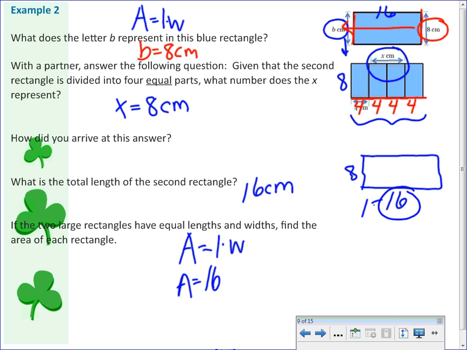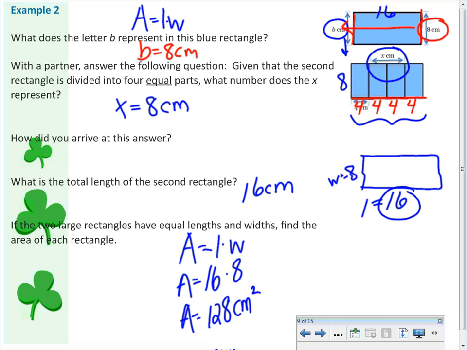So if my length is 16, I can replace the letter L with the 16. My width I figured out was 8, so I replaced the width with an 8. So if I multiply those two numbers together, the area equals 128 centimeters squared. Okay, are there any questions on where those numbers came from?